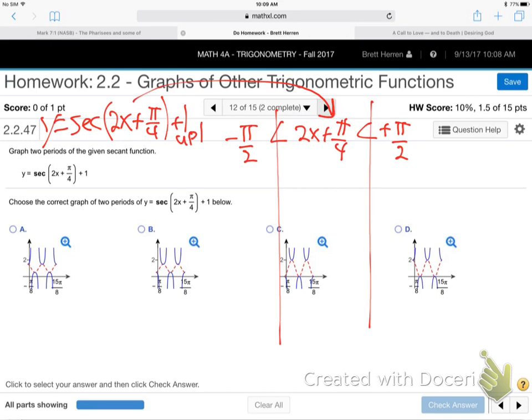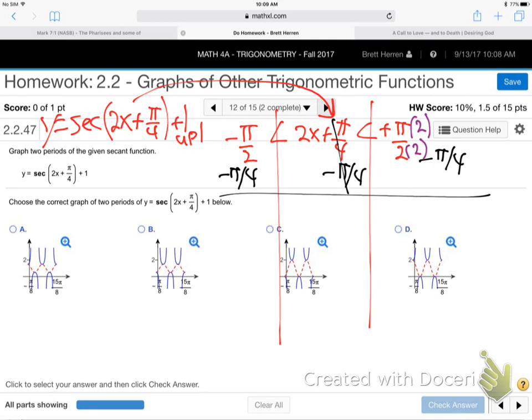Okay. So let's solve for x, like we always do. To that, you begin by subtracting pi over 4. And how do you do that? Got to get a common denominator, like we've been doing. And so multiply top and bottom by 2. So this is 2 pi over 4 minus 1 pi over 4 is just pi over 4.